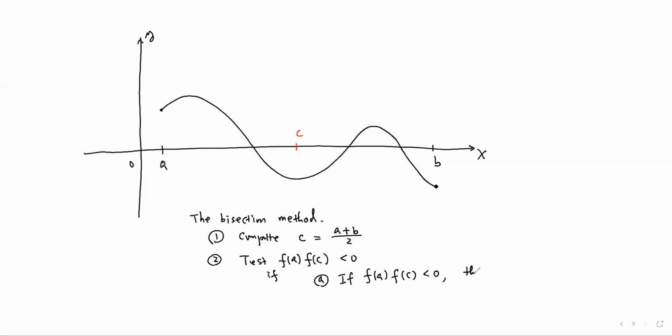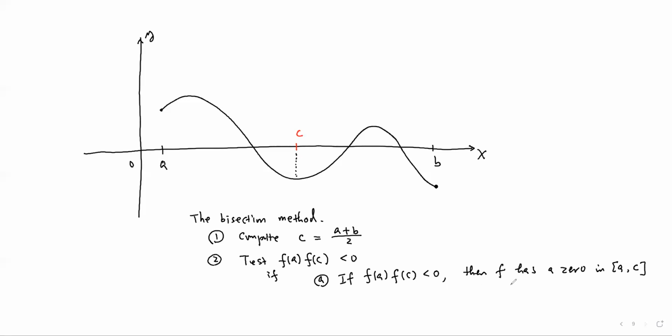Then the function has a 0 in the interval AC, right? Just like this case, this is true. Function value at A positive, function value at C negative. This case satisfies this inequality. So there is a 0 here inside the interval AC.